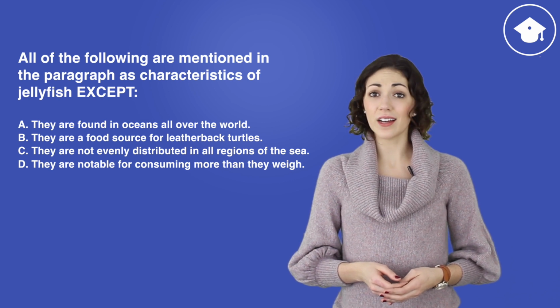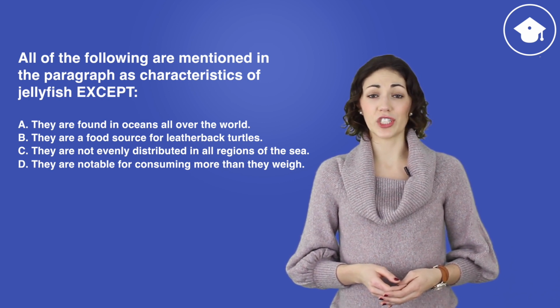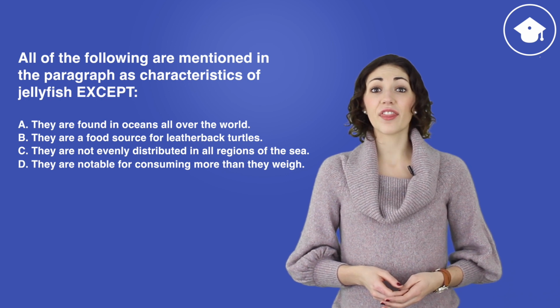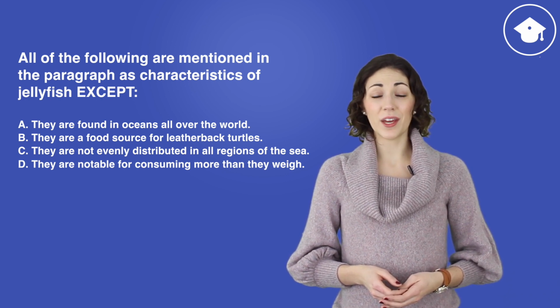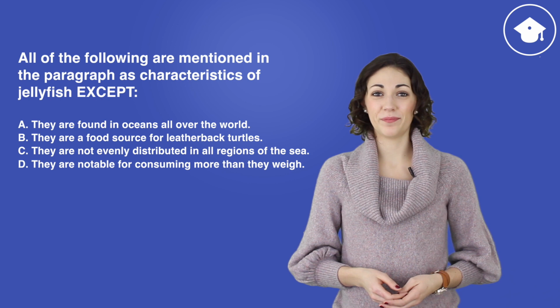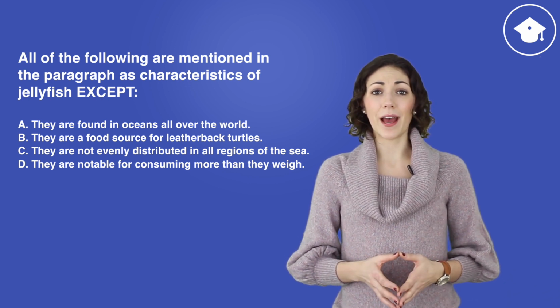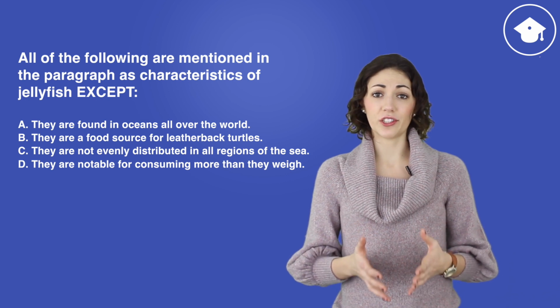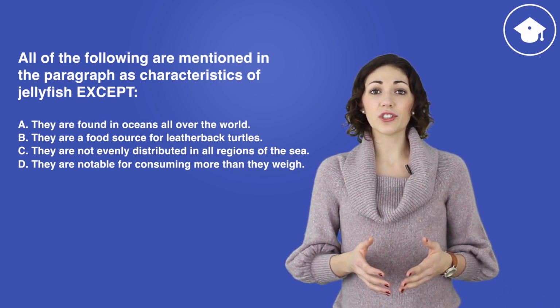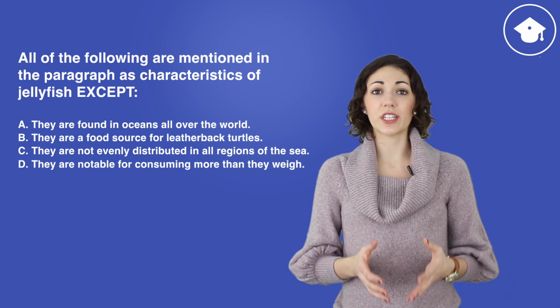C. They are not evenly distributed in all regions of the sea. D. They're notable for consuming more than they weigh. How should we approach this question? We can scan the passage for information from each answer choice. The answer choice that we don't find in the passage is the right one.